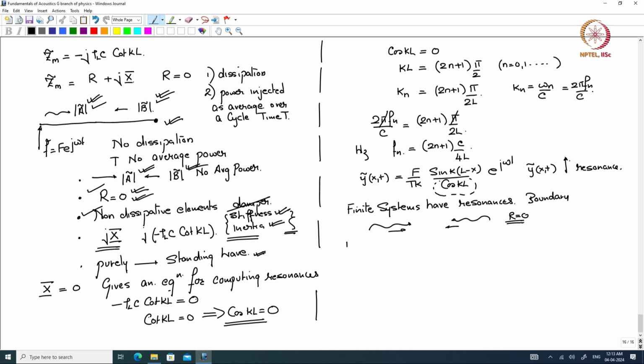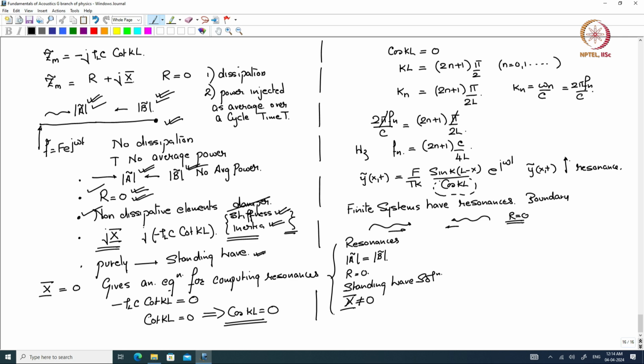That is why we have resonances, and all the consequences: A magnitude equal to B magnitude, R is equal to 0, and standing wave solution, and resonances, and x not equal to 0. Okay, these are all tied together.